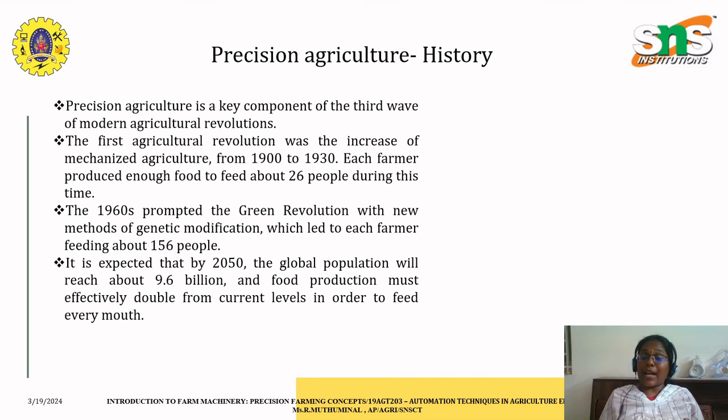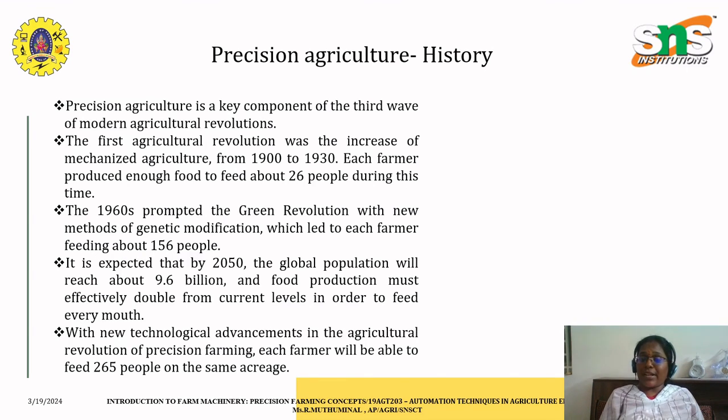It is expected that by 2050, the global population will reach about 9.6 billion, and food production must effectively double from current levels in order to feed everyone. New technological advancement in agriculture will be able to feed 265 people on the same acreage. That means we are in the futuristic development of food production to meet today's global population.